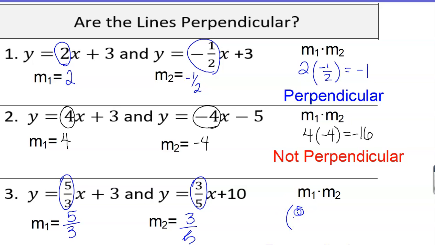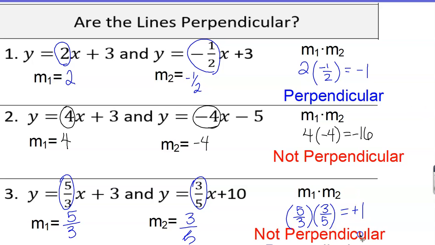So 5/3 times 3/5 equals +1. But in order to be perpendicular, it needs to equal -1. So these are also not perpendicular.